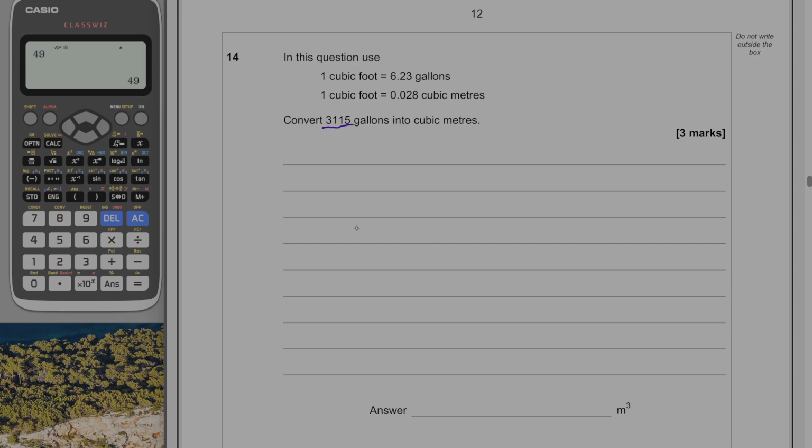So the way that we would do that is, we've got 3,115, and to convert from gallons to feet using this conversion, I'm going to be dividing. So I need to divide by 6.23. And then when I want to go from cubic feet into cubic meters, I would be timesing, so times by 0.028.